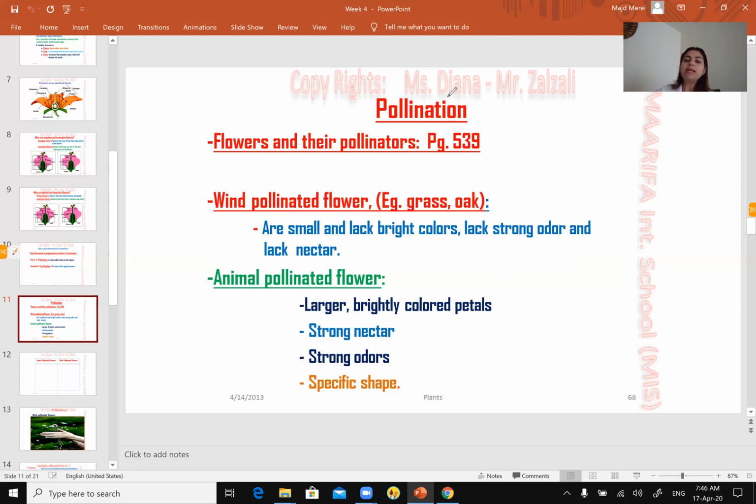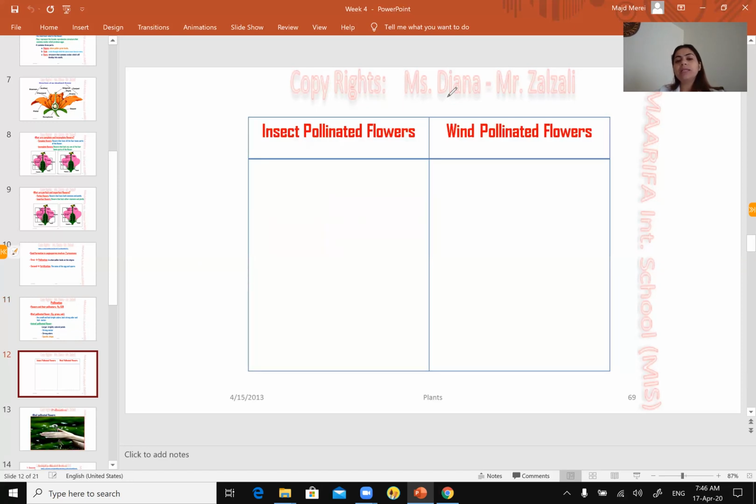While animal-pollinated flowers are larger. They have brightly colored petals. They have nectar and strong odors. They have specific shapes. Why? To attract pollinators, to attract these animals. So if we compare insect-pollinated flowers and wind-pollinated flowers, according to size, wind-pollinated flowers are small, while insect-pollinated flowers are larger.